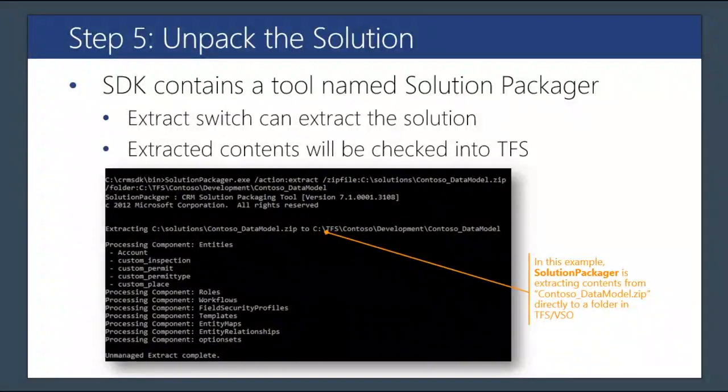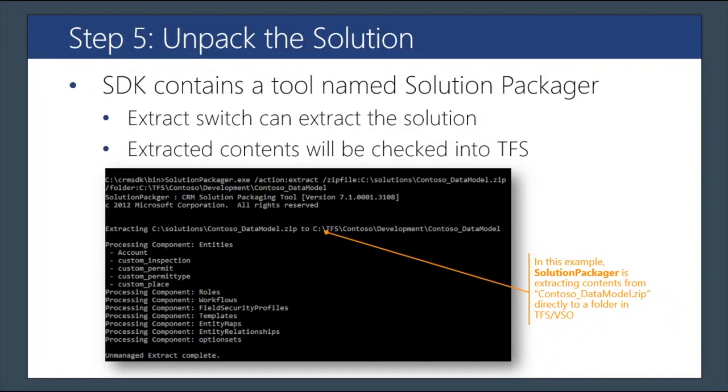There's a whole lot of information on the solution packager. Again, we can provide those links at the end of this discussion, but ultimately, this is the way that you would get those components that you would move into the proper directories for Visual Studio so you could check them in.